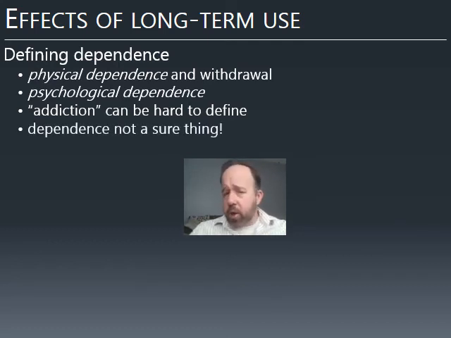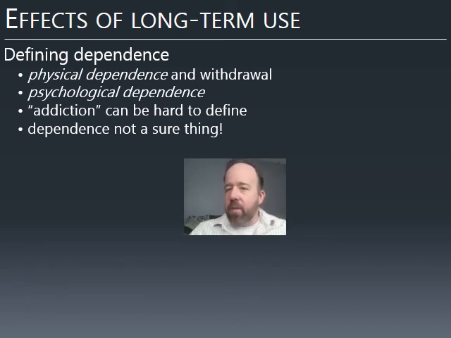And dependence is not a sure thing. So there are plenty of people who use drugs that do not become dependent on them. Certain drugs are at higher risk for dependence, so the stimulants, for example. Cocaine tends to carry a higher risk for dependence, but you have a rate of 60% if someone starts taking a drug irregularly, that they will become a long-term user over their lifetime. But for other drugs, it could be as low as 20% or 10%.